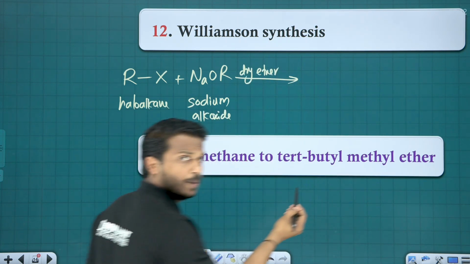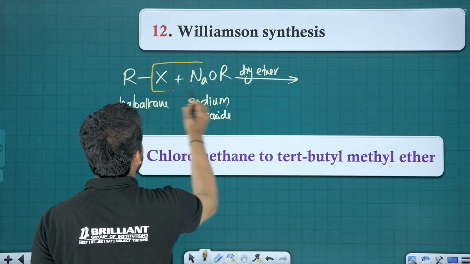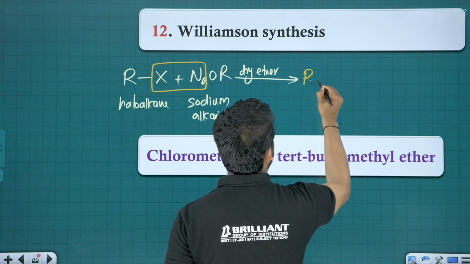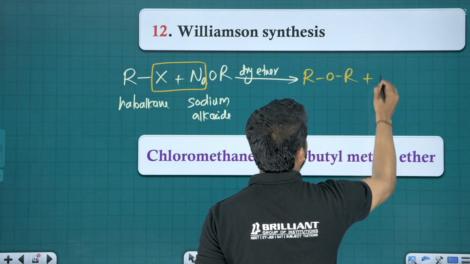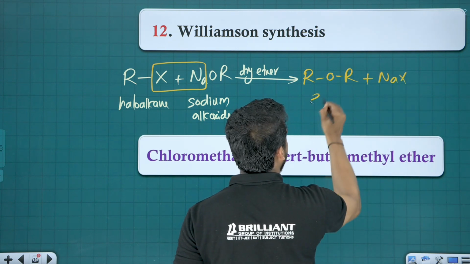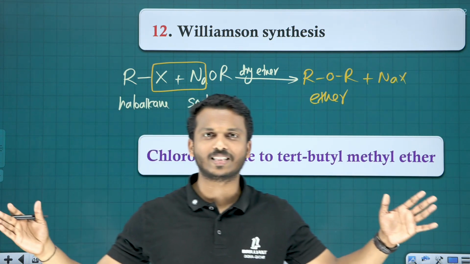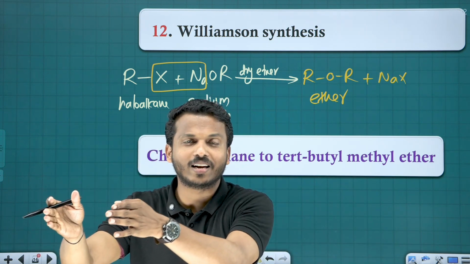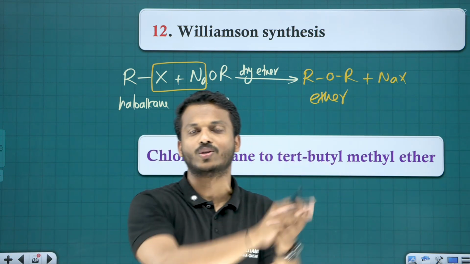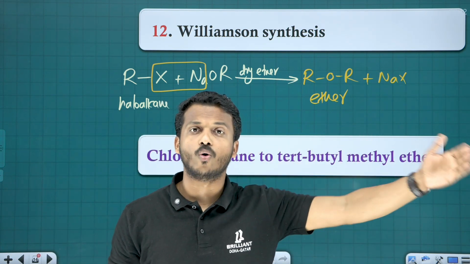A simple reaction: NaX comes out and you get ROR plus NaX. What is ROR? Ether. So when a haloalkane reacts with a sodium alkoxide, you get an ether, ROR.